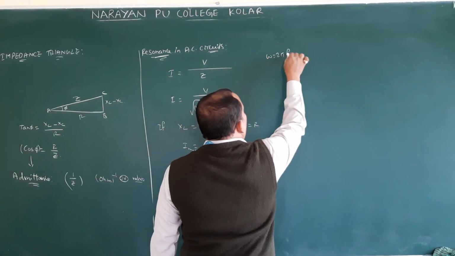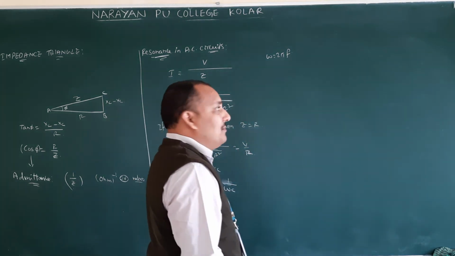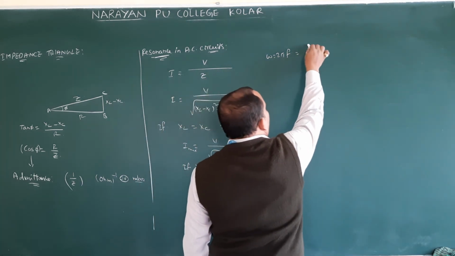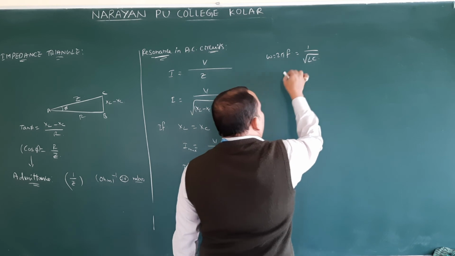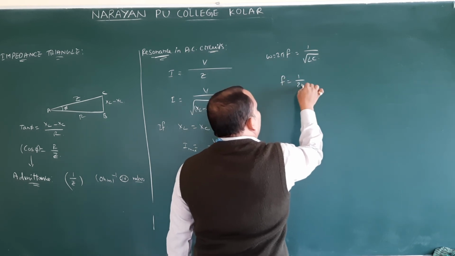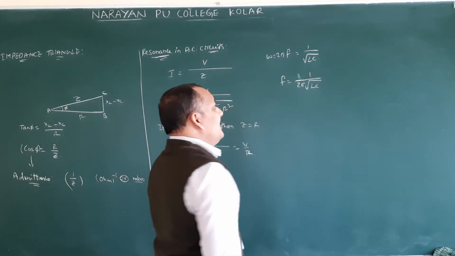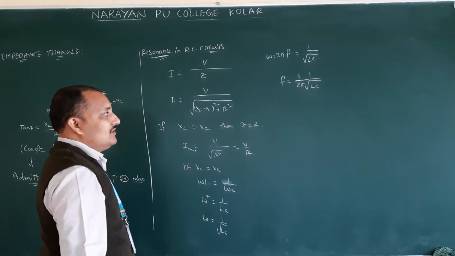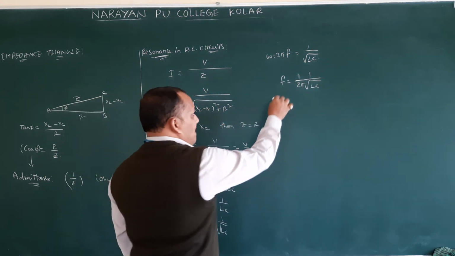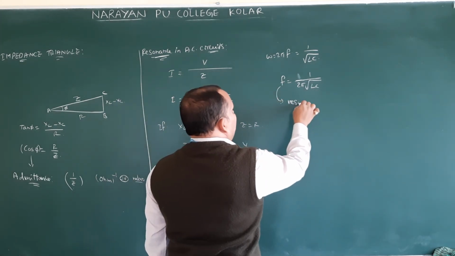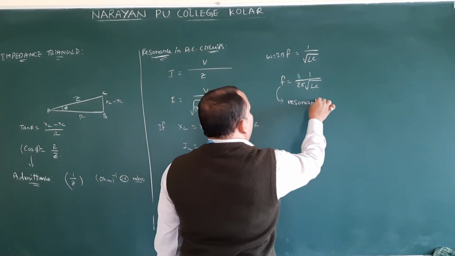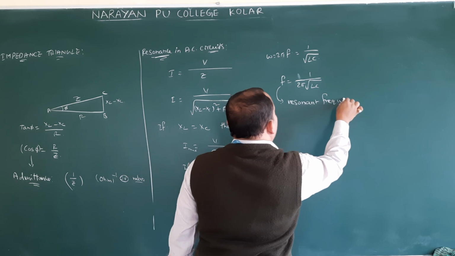Omega is equal to 2 pi f, or 2 pi nu. 2 pi f is equal to 1 by root LC. f is equal to 1 by 2 pi root LC. So this frequency is called resonant frequency or resonance frequency.